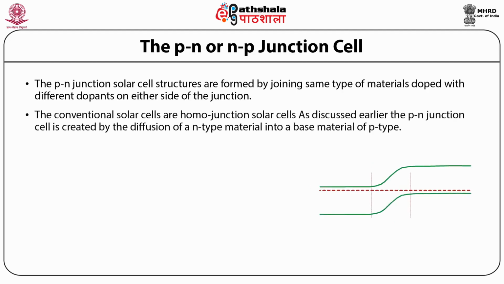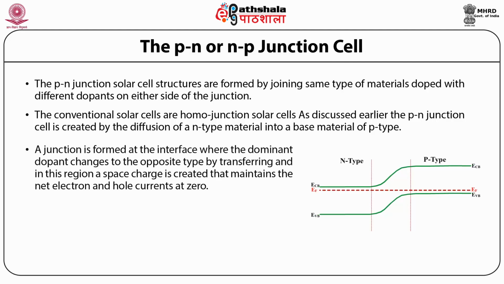The conventional solar cells are homojunction solar cells. As discussed earlier, the PN junction cell is created by the diffusion of N-type material into a base of P-type.